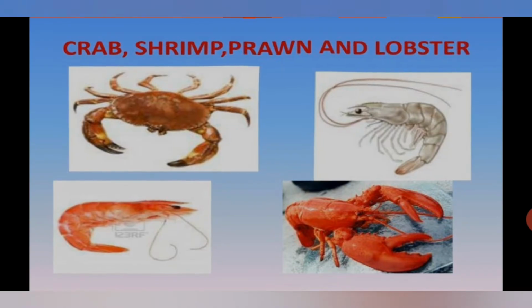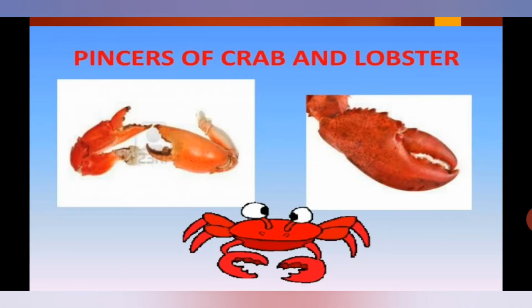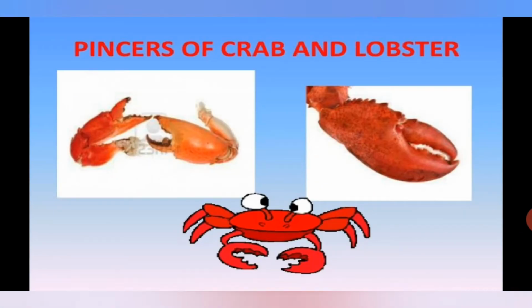You can see their pictures because they will be coming in the story. Pincers: these are the hands of lobster and crab. These are the pincers of crabs and lobsters. You see, these are very painful, children. Okay, now let's read the story.